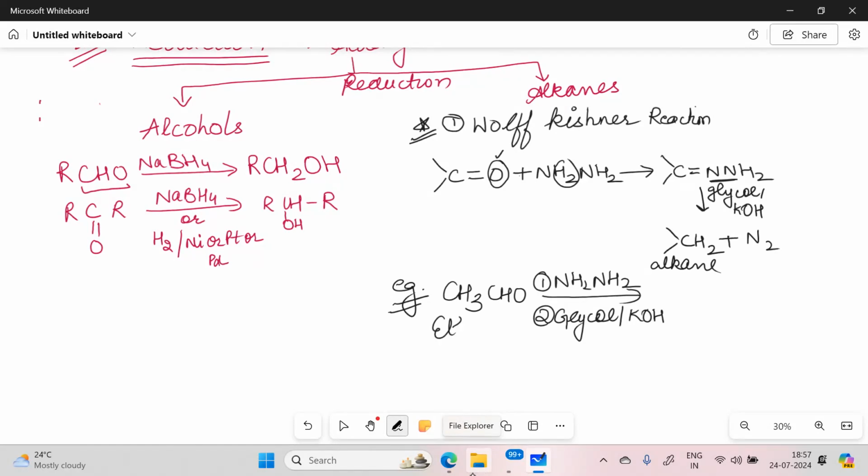Ethanol will convert into... So it becomes CH3 plus N2. Whatever the reactant is, convert it into the corresponding alkane. Ethanol to ethane, propanol to propane. The easy way to remember is to replace oxygen with 2 hydrogens.